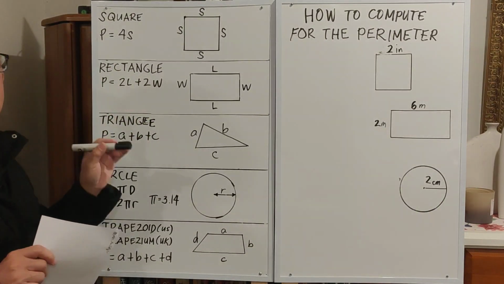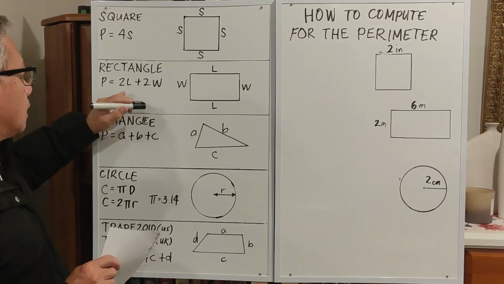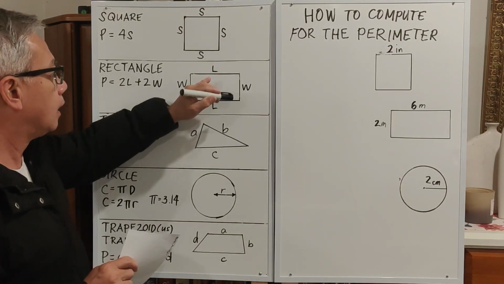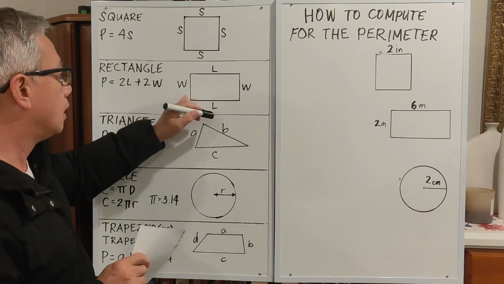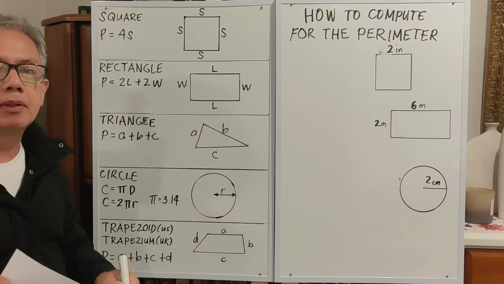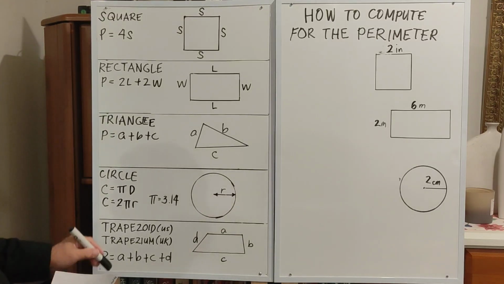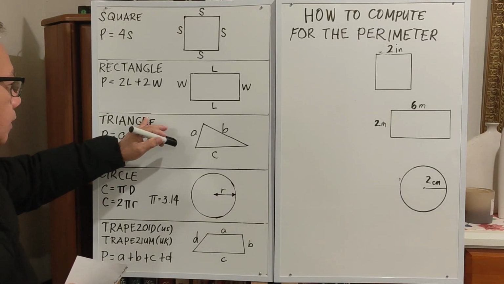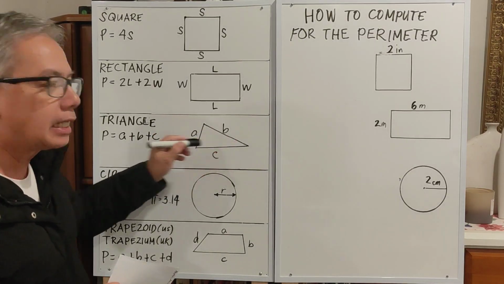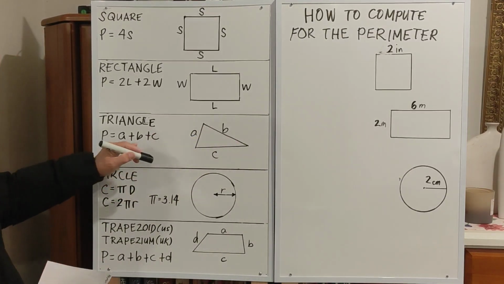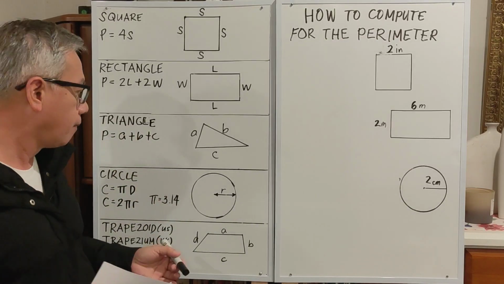For the rectangle, we multiply the length by 2 plus the width times 2 and we get the perimeter. For the triangle, if we have side A, side B, side C, we just add A plus B plus C and we have the perimeter.